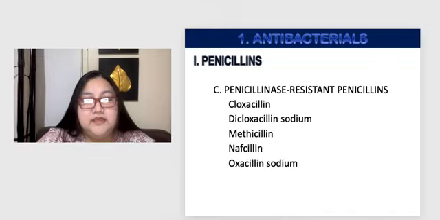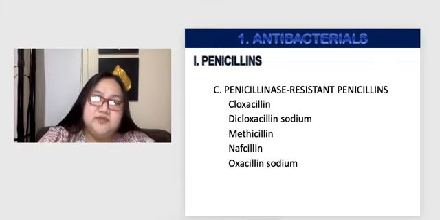Okay? The third group of penicillins are the penicillinase-resistant penicillins. They are termed as anti-staphylococcal penicillins, which means they are good for staphylococcal infections. They are not effective against gram-negative bacteria, and they are less effective than Pen-G against gram-positive.